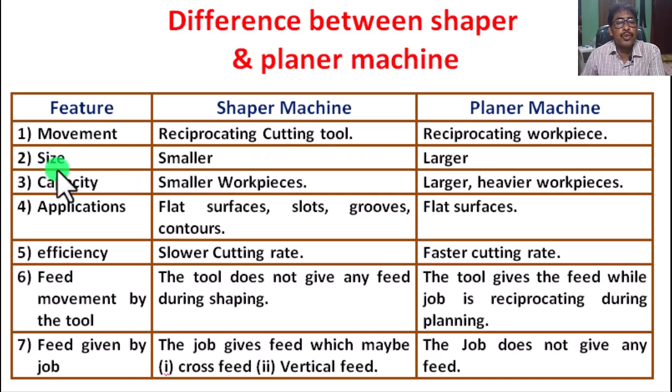Number 2, size. Shaper machine smaller, planer machine larger. Shaper machines are generally smaller and planer machines generally larger and more powerful than shaper machines. Number 3, capacity.